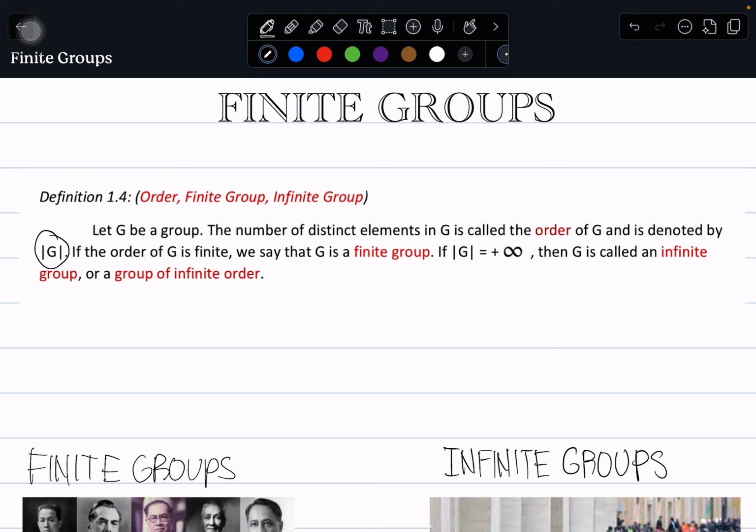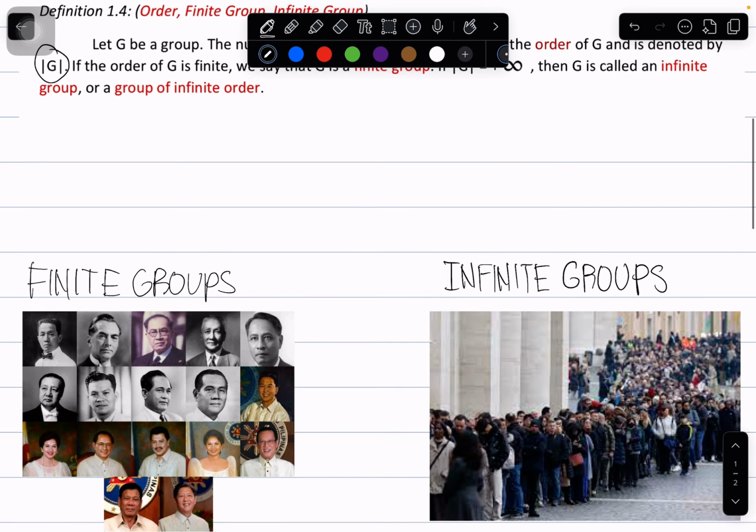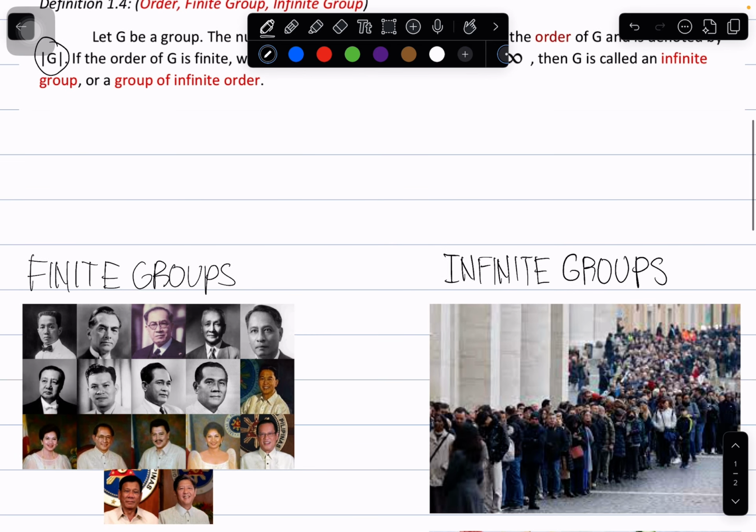So we have two possible groups, finite groups and infinite groups. So let's look at that. Here, on the right, we have our infinite groups. Let's say each person in the world is lined up.